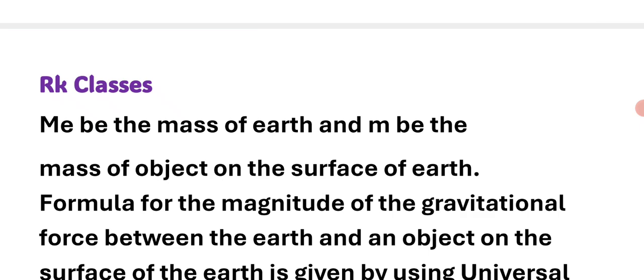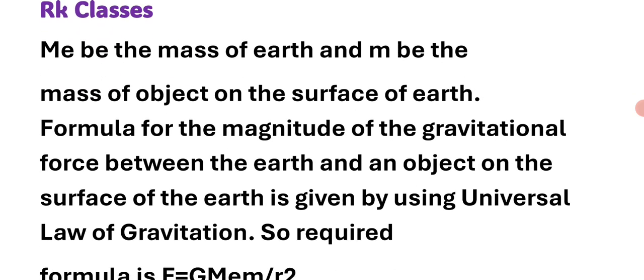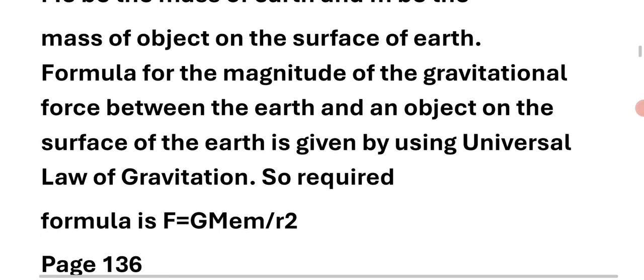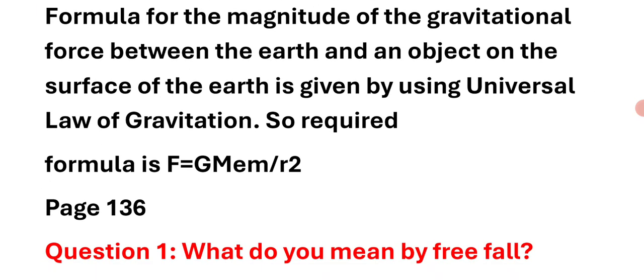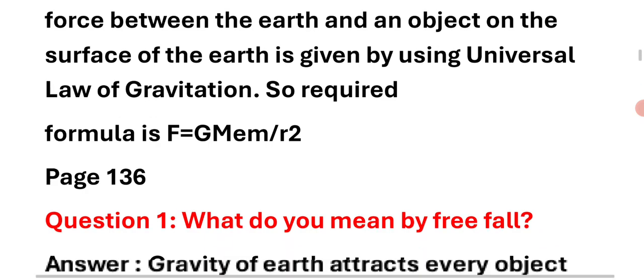The formula for the magnitude of the gravitational force between the earth and an object on the surface of the earth is given by the universal law of gravitation. So the required formula is F is equal to capital G M m divided by r square.